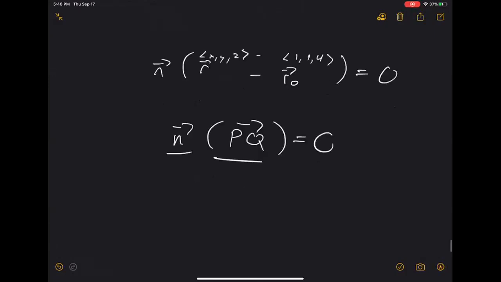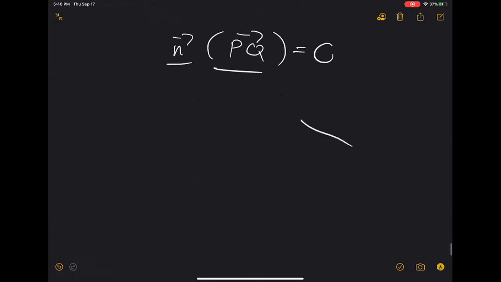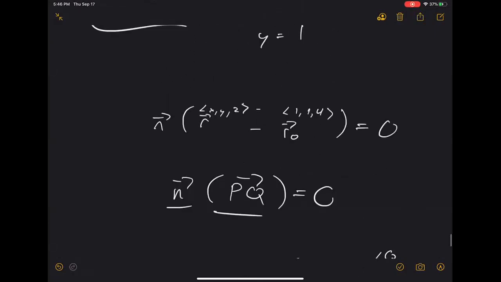That doesn't really describe a plane. That just tells me, okay, this vector N is orthogonal to PQ. I need something that involves X, Y, and Z. So I leave R as X, Y, and Z, and then I subtract one of those points in the plane. And this will be a point in the plane, right?